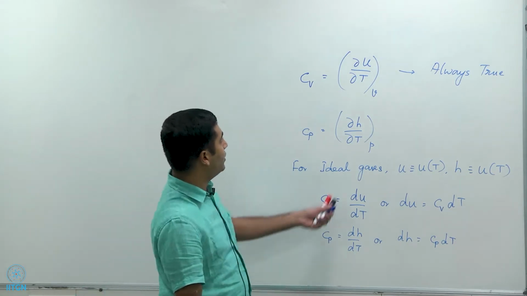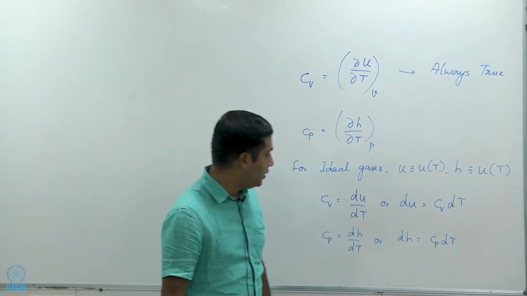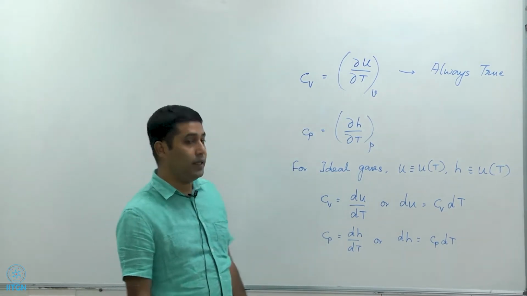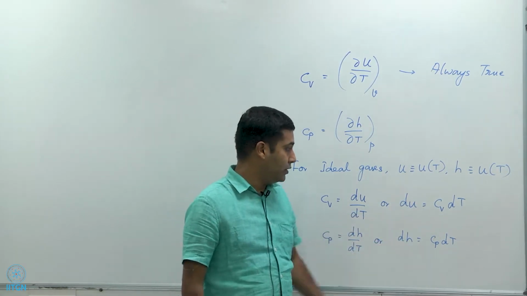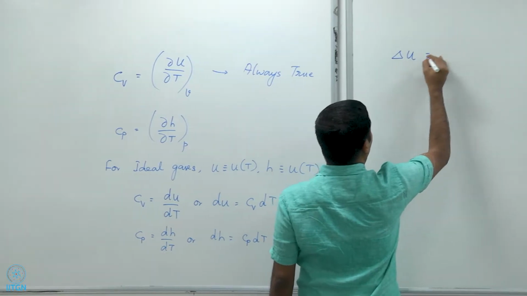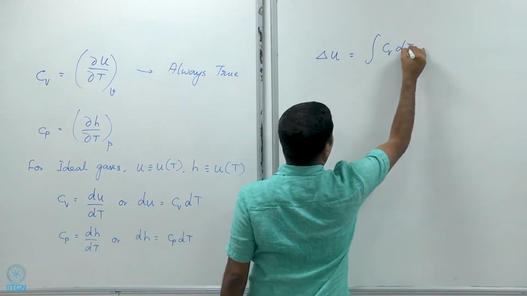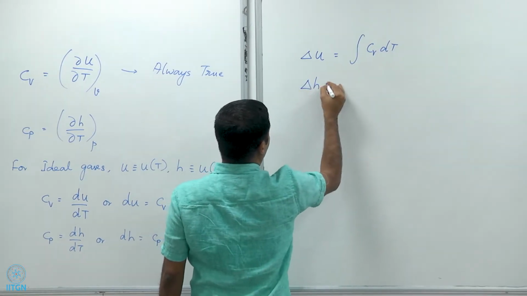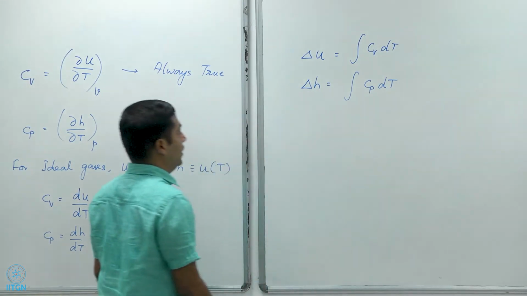Although we have gotten rid of the partial differential, we now have a simple differential, right? We still need integration to evaluate delta U or delta H, right? And so, delta U will be equal to the integral over the process of Cv dT, right? And delta H equals the integral over the process of Cp dT, right?